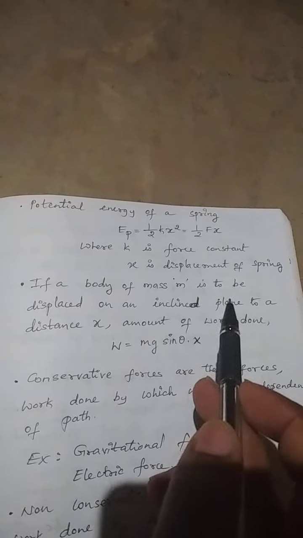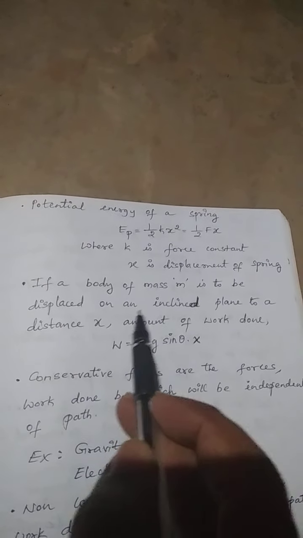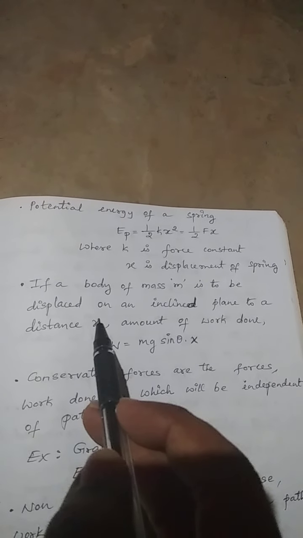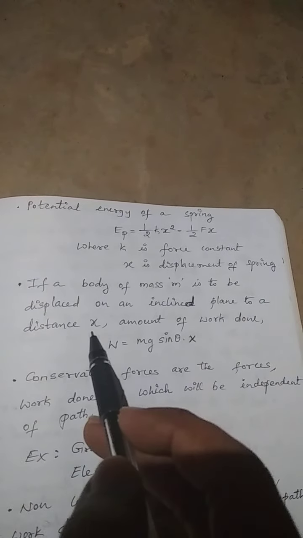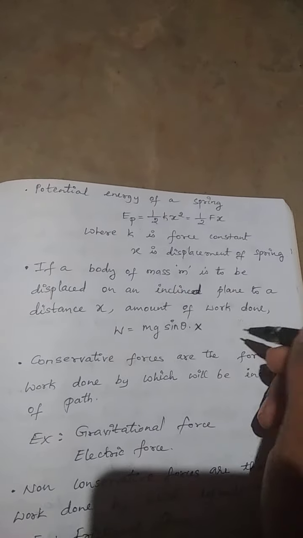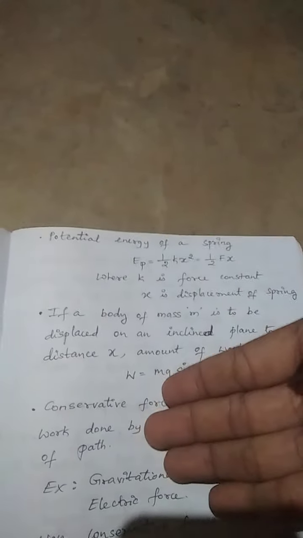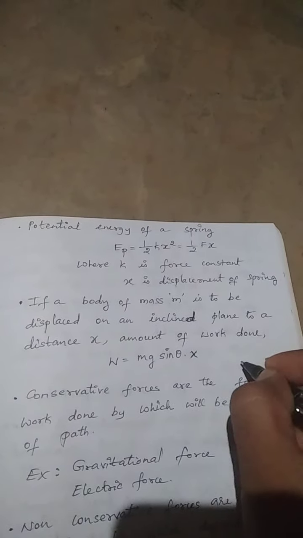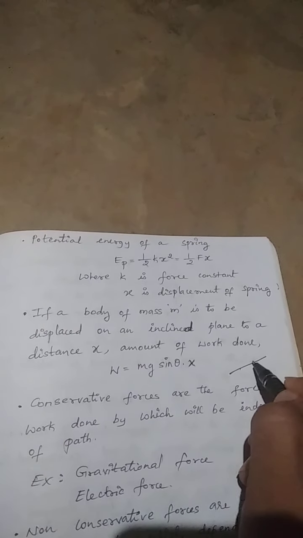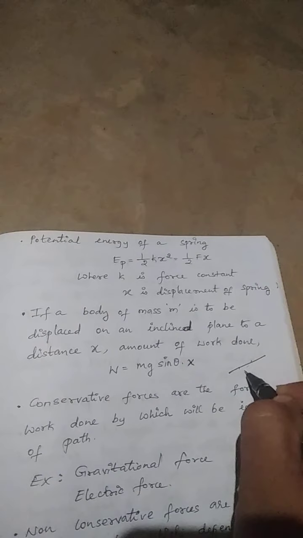Now, if a body of mass m is to be displaced on an inclined plane to a distance of x, amount of work done. So you know what is the shape of inclined plane? This is the shape of inclined plane. This is plane. This is inclined plane. You have to displace an object from here to here of mass m.